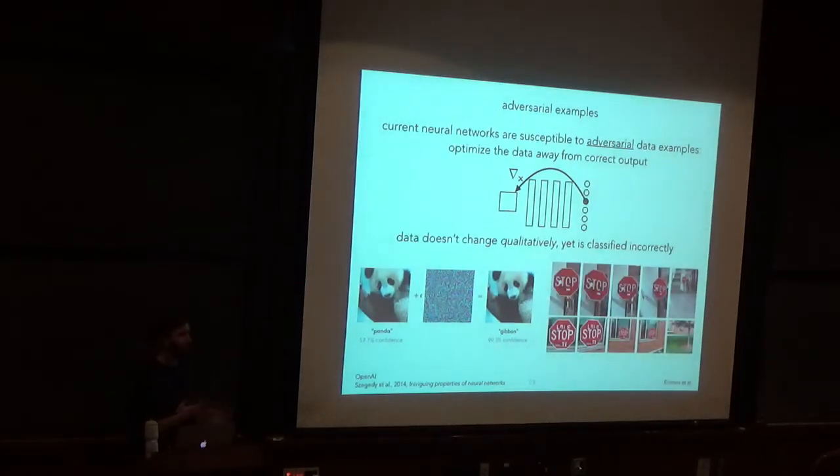And you can actually extend this even into the real world, where if you take a model that's trained to classify stop signs and you place stickers on the stop sign in very well thought out ways, you can fool this stop sign classification model into thinking this is a different sign or nothing entirely, which is a bit frightening if you think about this being deployed in an autonomous driving setting.